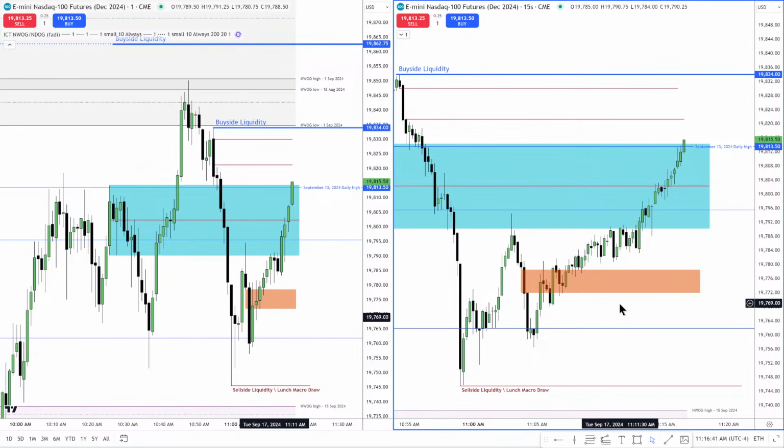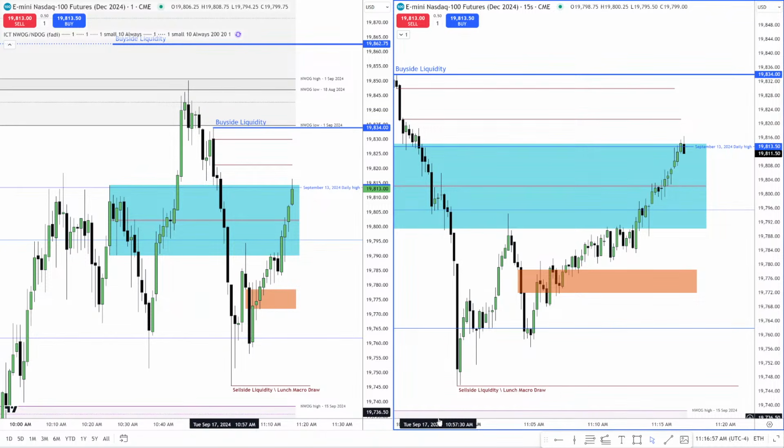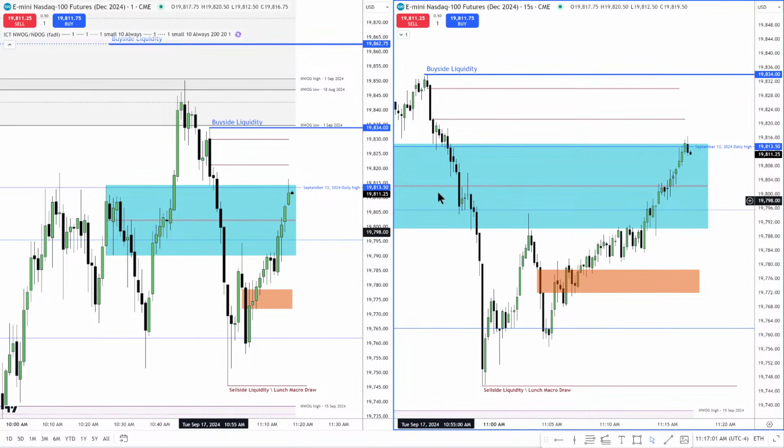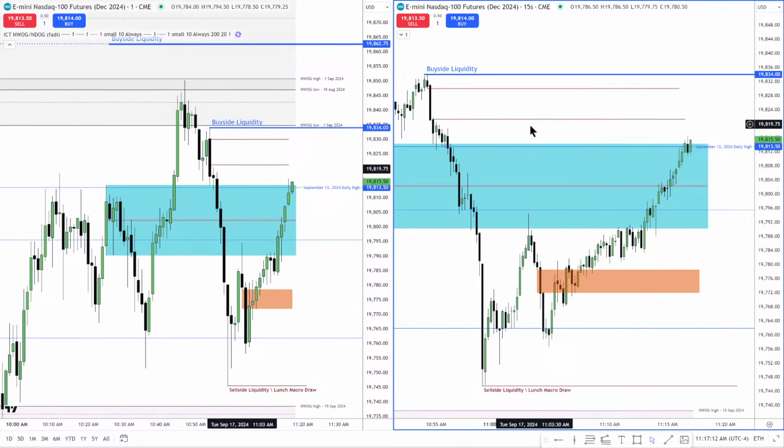So we're back at September 13th's daily high, the top of the breaker. Now, because we have this area of inefficiency, mind you, it's anchored on a 30-second chart, so bear that in mind. It's not like it's on an hourly chart, where price would have no problem going up with one single candle into this little area.